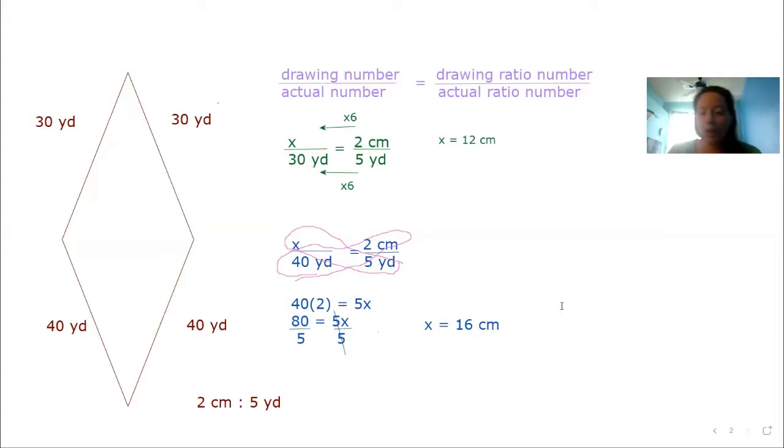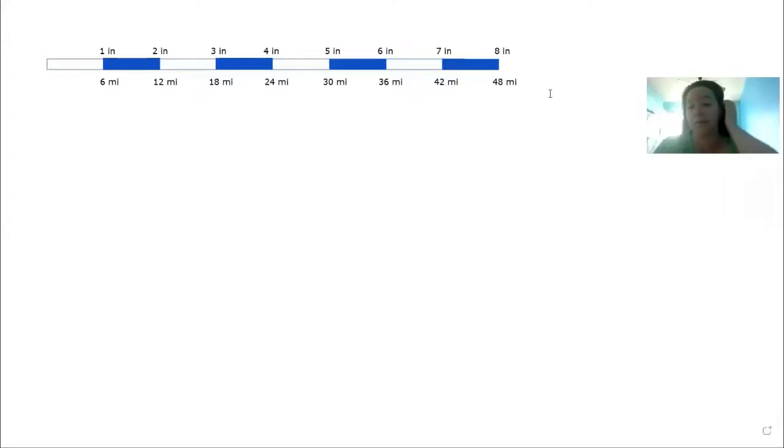Okay, just a second. I think that might be everything that we need on here. Okay, so one last thing to talk about. This bar that you see up here is what is typically put onto maps when you're looking at them and you need to figure out how far the distance is from one place to another. The way that we read this is 1 inch is equal to 6 miles.